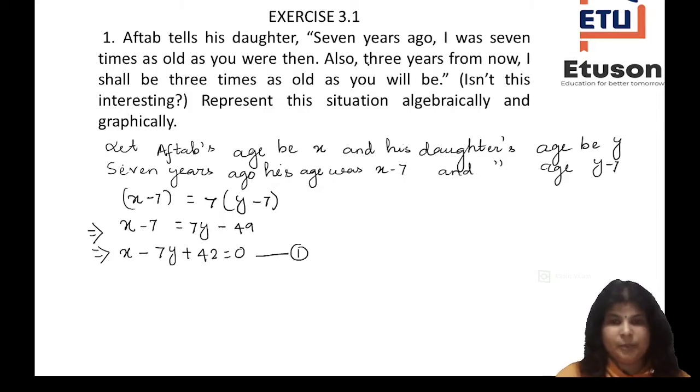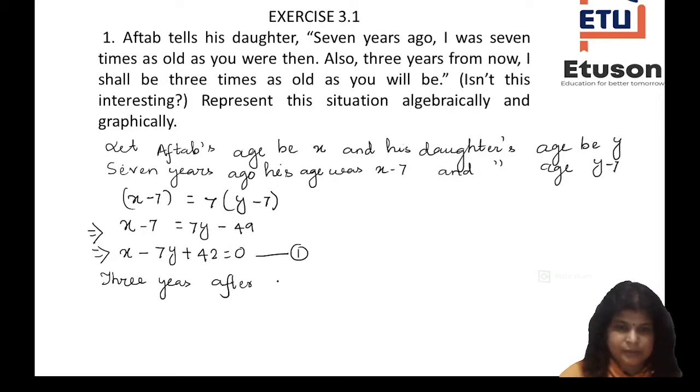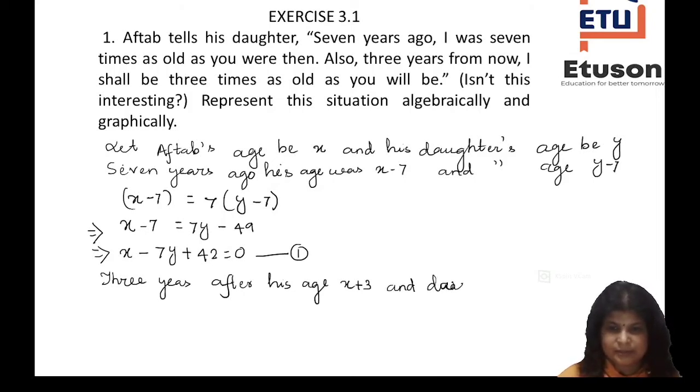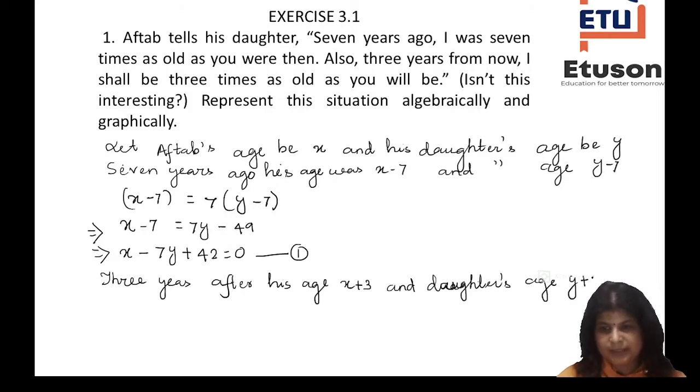Now, about the second one, 3 years from now. So, 3 years after, his age is x plus 3 and daughter's age is equal to y plus 3. Correct or not?